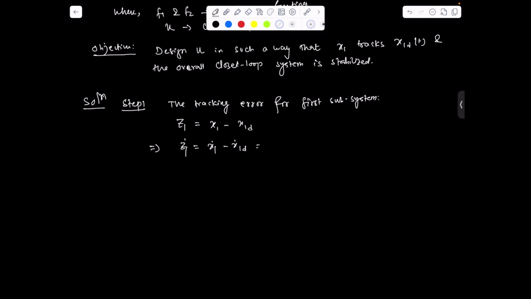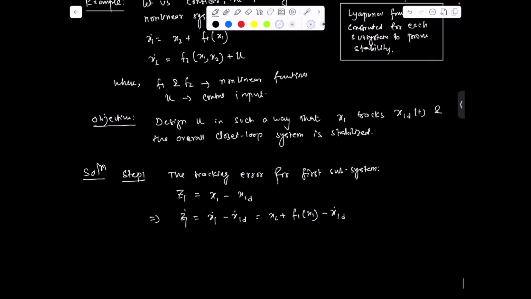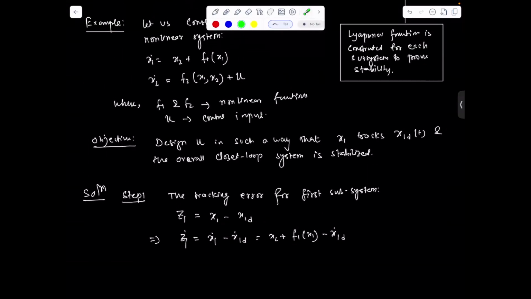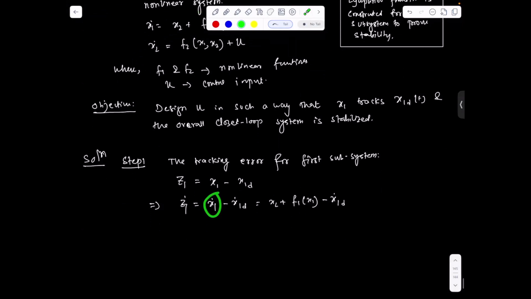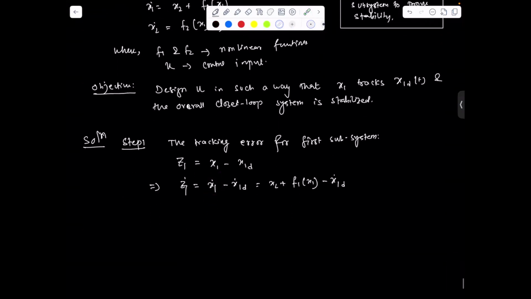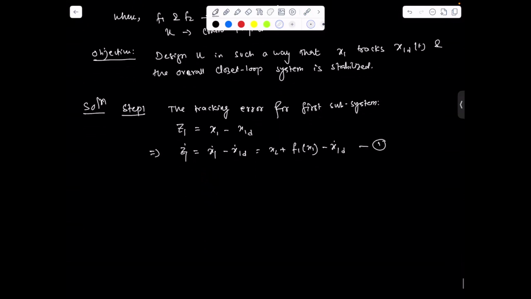In place of X1 dot, we can write X2 plus F1 minus X1D dot. Okay, so I have written the full equation, the X1 dot equation. I have substituted in place of X1 dot. And let us define this as equation number 1.